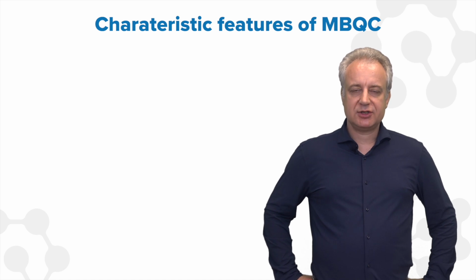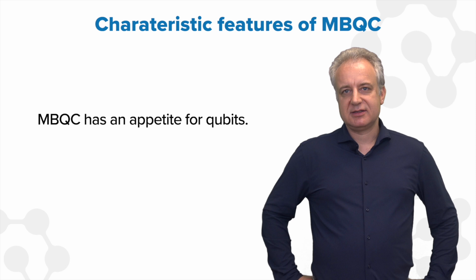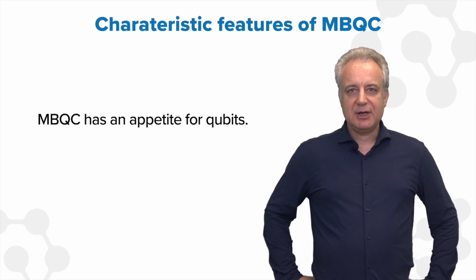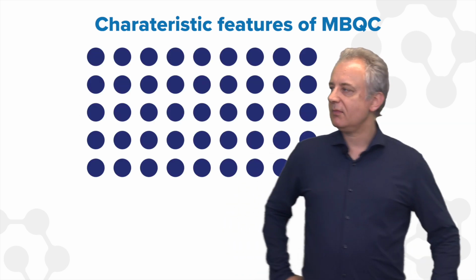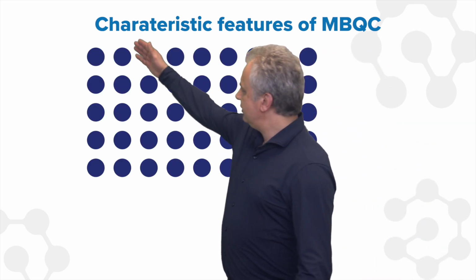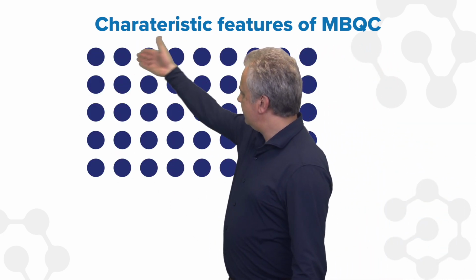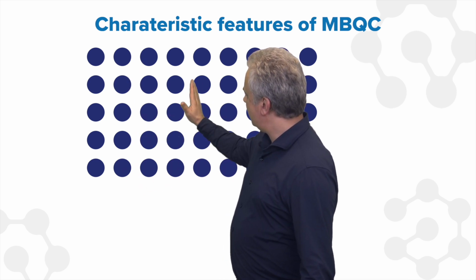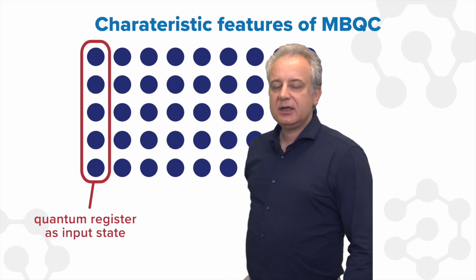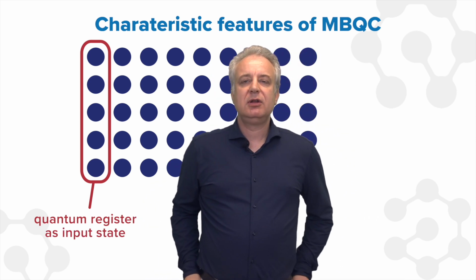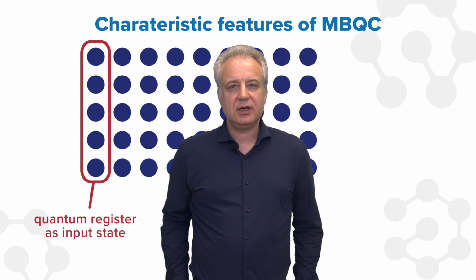The first feature is that measurement-based quantum computation, and it's certainly not an advantage, is hungry for qubits. So when you look at this figure here, you have the cluster state with all the qubits present. The first column is for the logical quantum register in its input state.